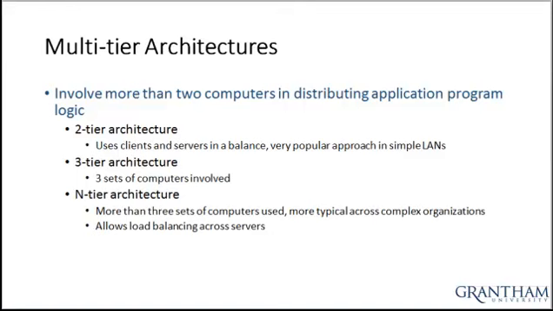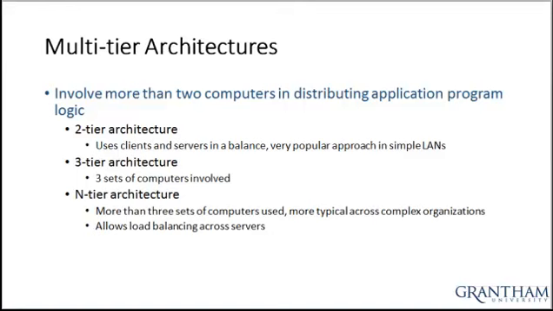The first computer could be a client, which is responsible for the presentation logic. And then you may have an application server, which would be responsible for the application logic. And the third set would be say a database server, and this is where the data would be stored and queried from.